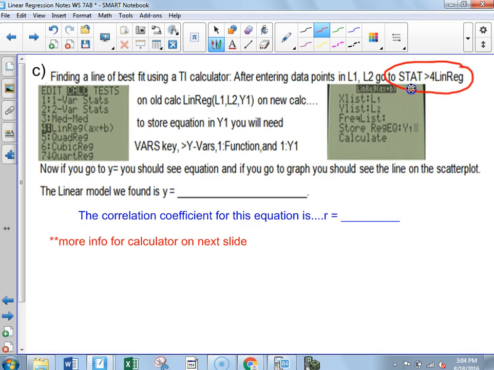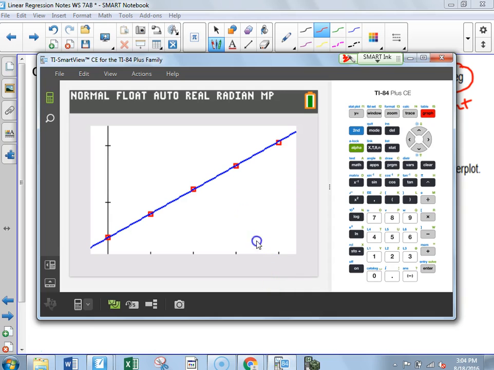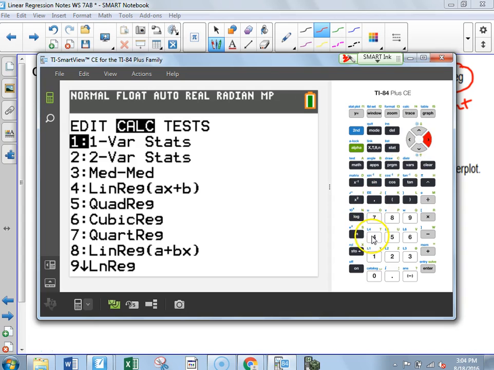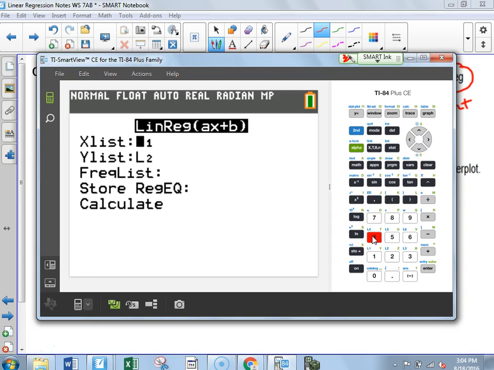Okay? It's stat. That little thing means go to the right, arrow to the right. And then we're going to choose the linear regression, which is choice 4. All right, so on your calculator, you're going to go stat, arrow to the right to calculate, and to choose choice 4.